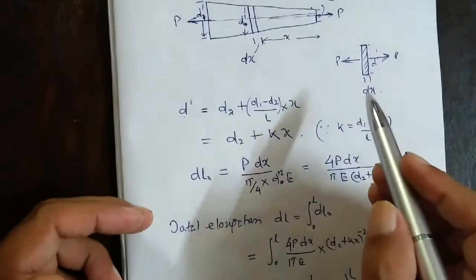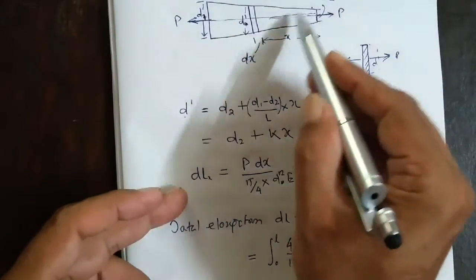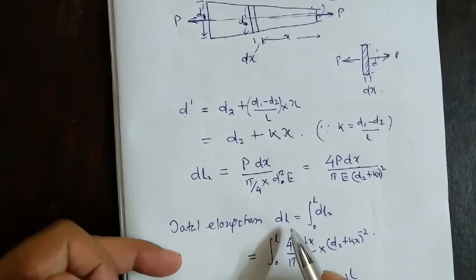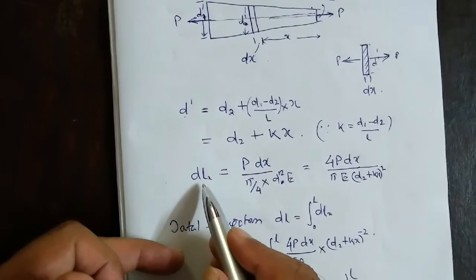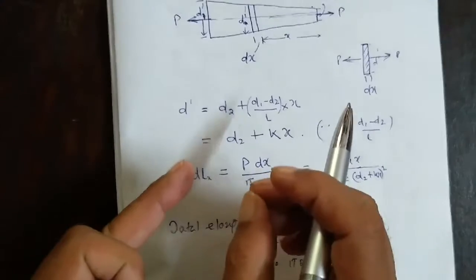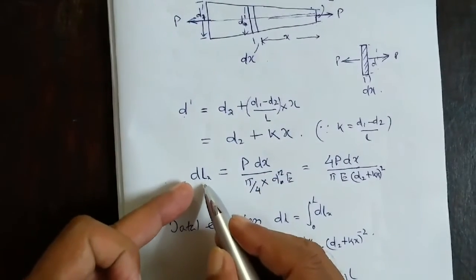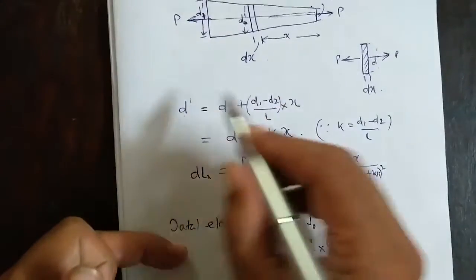Now if we integrate this change in length for all such elements, the total elongation can be found out. So the total elongation dl is the integration of the change in length of the smaller elements. Innumerable small elements will change like this, and such changes, if added together, will give you the total change.